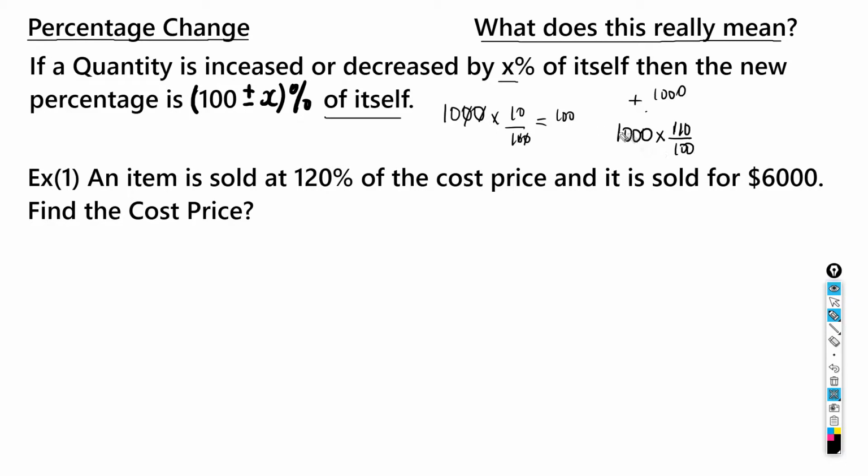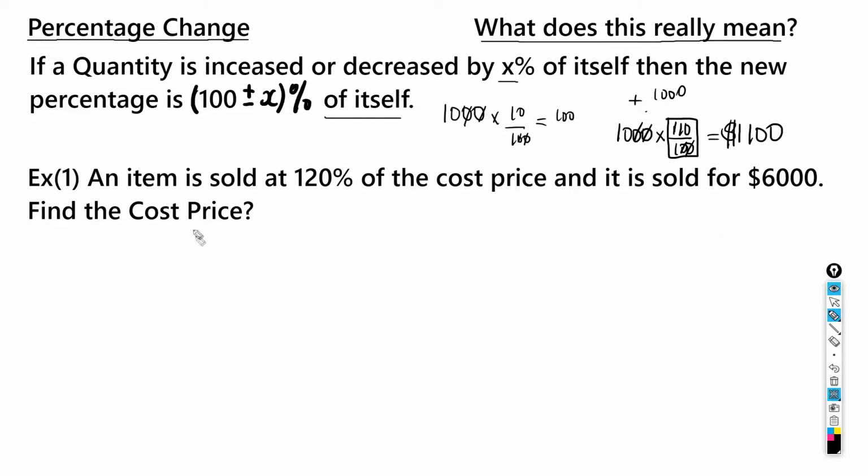If you multiply 1,000 by 110 over 100, the zeros cancel, and you get 10 times 110, which is 1,100. So that's the concept here, guys. You can use this multiplication factor, 110 over 100, to increase the amount.